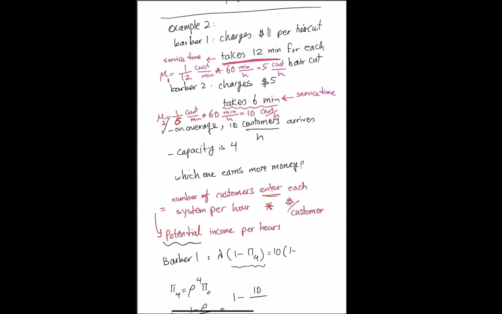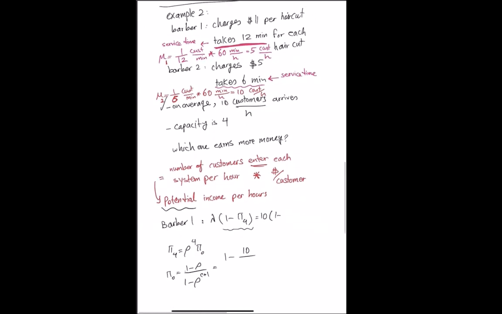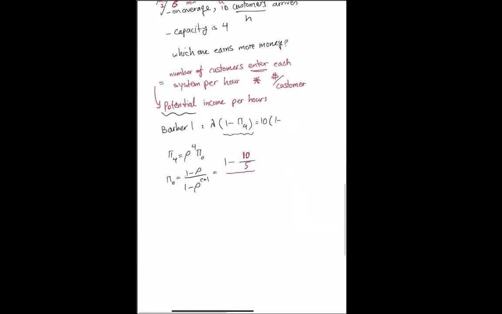Okay. So now, if I go back here, I have 1 minus rho, where rho is lambda over mu, which is 10 over 5, over 1 minus 10 over 5 to the power of 4 plus 1, c is 4, and that number is going to be 1 over 31.